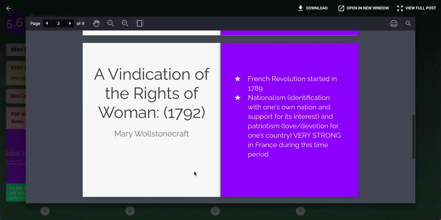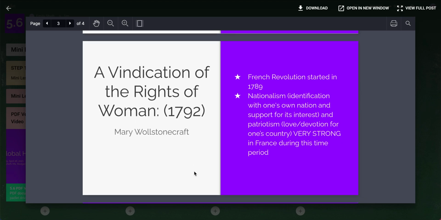A little bit of context that is not included in some of the documents we are going to be looking at is that this book, A Vindication of the Rights of Woman, was written in 1792. Some important context is that the French Revolution started in 1789.